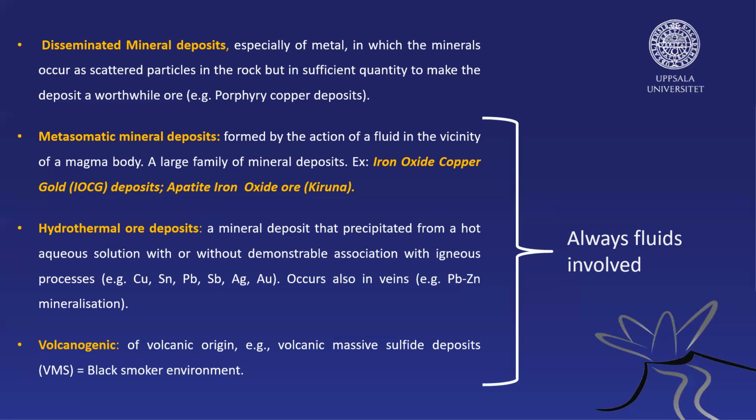And the best example for this kind of deposit is the volcanic massive sulfide deposits, or VMS. They are black smokers, and we will talk about that quickly. For three of these deposits, the metasomatic, hydrothermal, and volcanogenic, we always have fluids involved. You need to transfer the elements using the fluid.